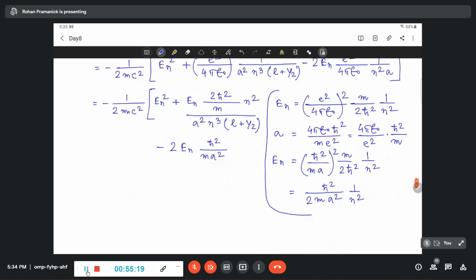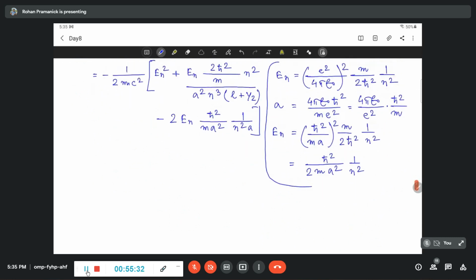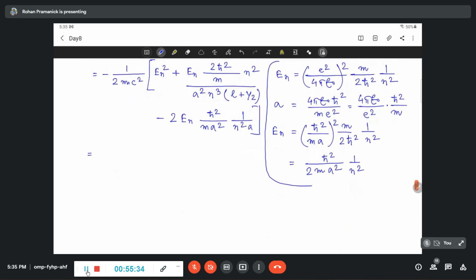Yes, and now again I have 1 by n square a, right? Yes. See, if I mess things up, you will get the wrong answer. Nothing more than that. But you know that hydrogen atom is hydrogen atom. It doesn't depend on who calculates the thing. So I will just write the answer.